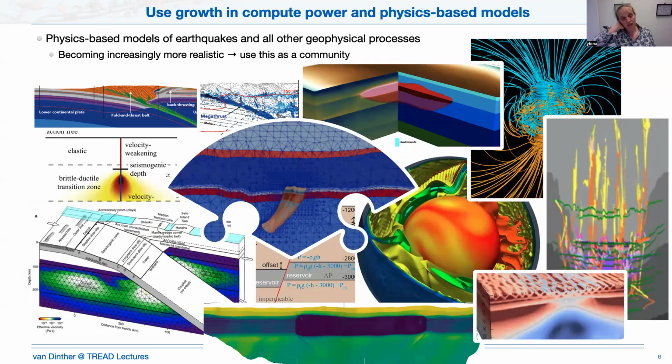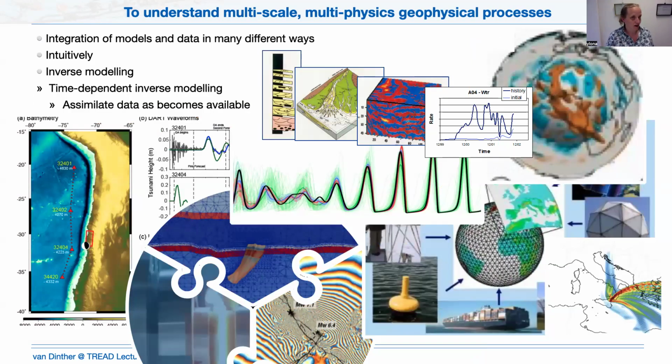And there's also been a large growth in computational power, and accordingly also in physics-based models. So we can represent the earthquake processes in a more realistic manner and include more realistic physics-based processes to really understand what is happening there.